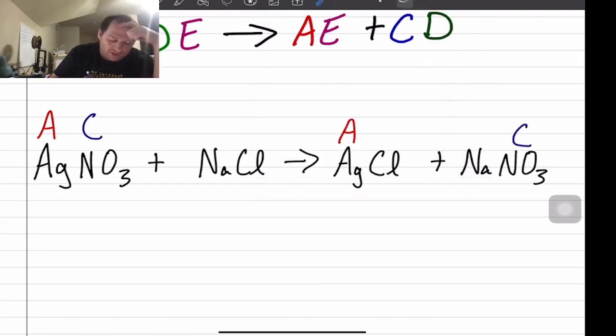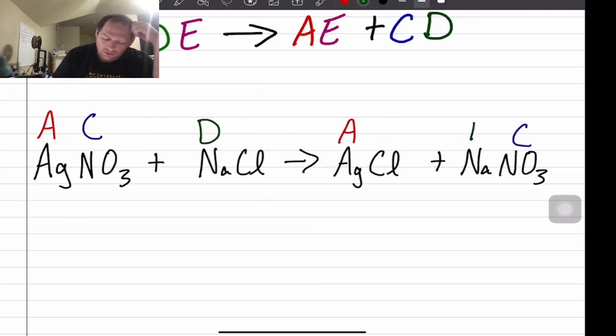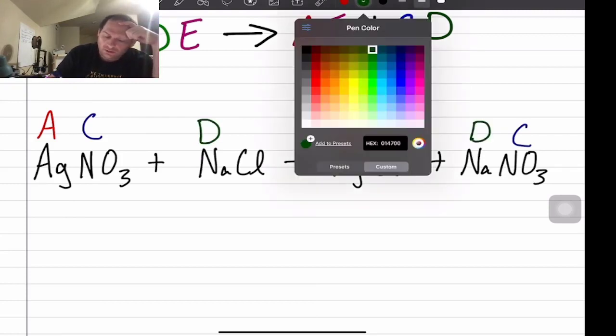Now I know N is not its own letter, but since it moves as a chunk over here, I know it's this whole piece. So my C, and you see I got a C here. My Na, let's make that green, that's a D, and a D. My chlorine will be my E.